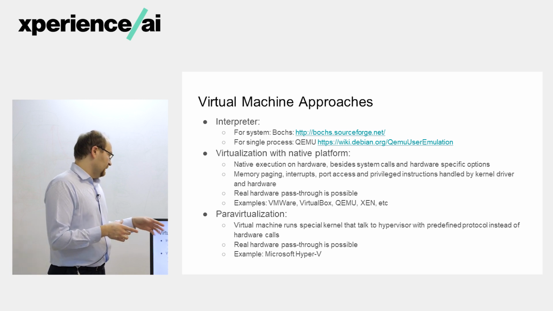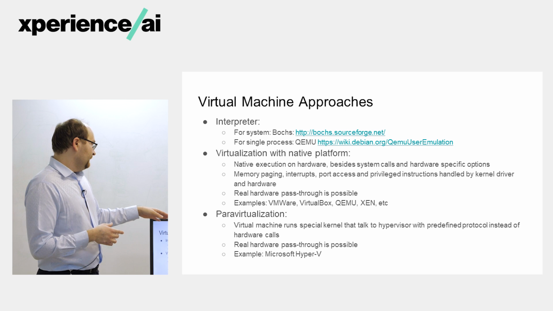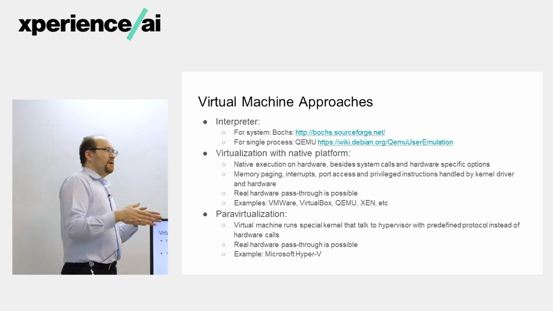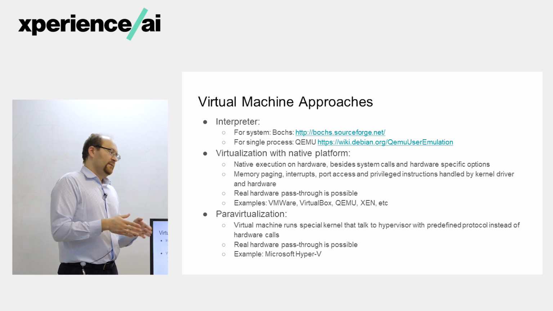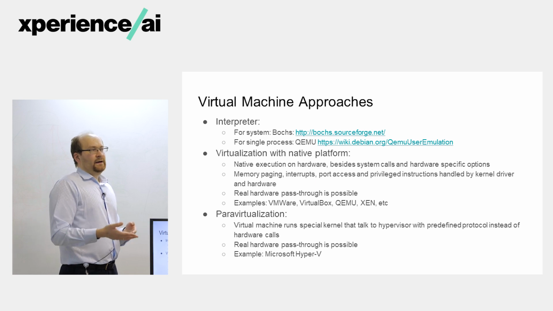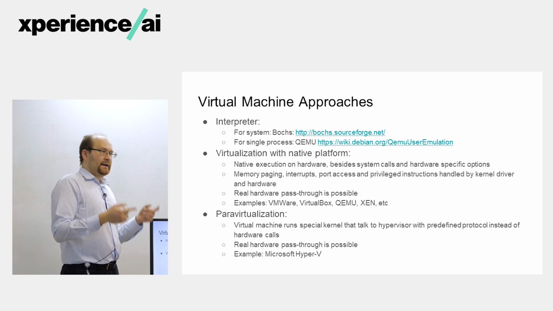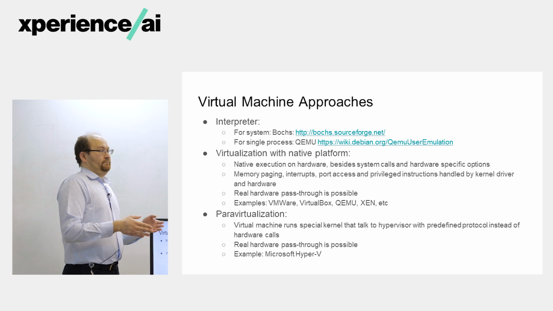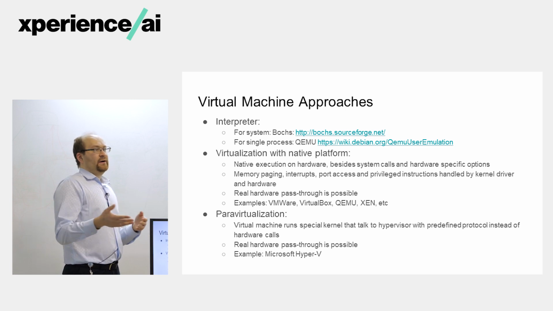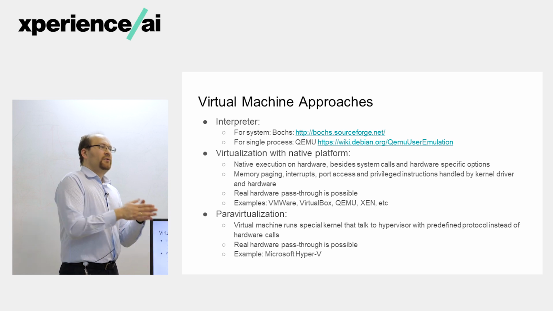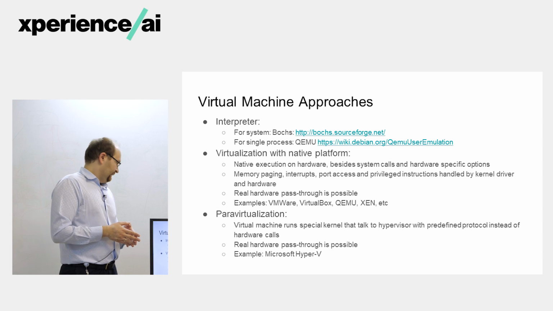QEMU has a binary that is registered as a runner for ELF programs for a particular target, for example, for ARM. When you start a program that is built for ARM, the kernel invokes this runner, this helper, and it does all things for us. So, for example, you can bring your favorite program from Raspberry Pi and run it on a desktop, and it will work in case you bring all libraries, runtime libraries, with you.